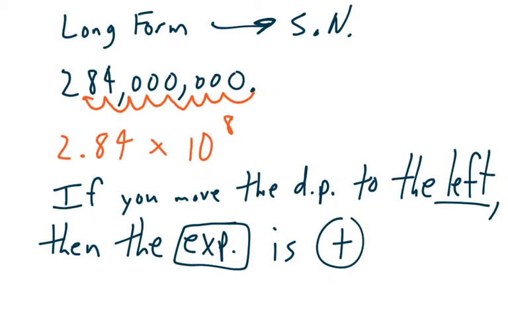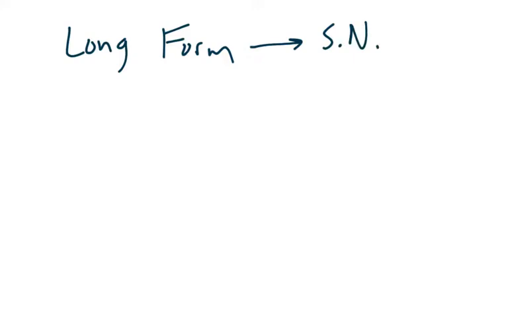Now, let's do the following. Let's do the same thing, again from long form to scientific notation. This time I'm going to write a different number.